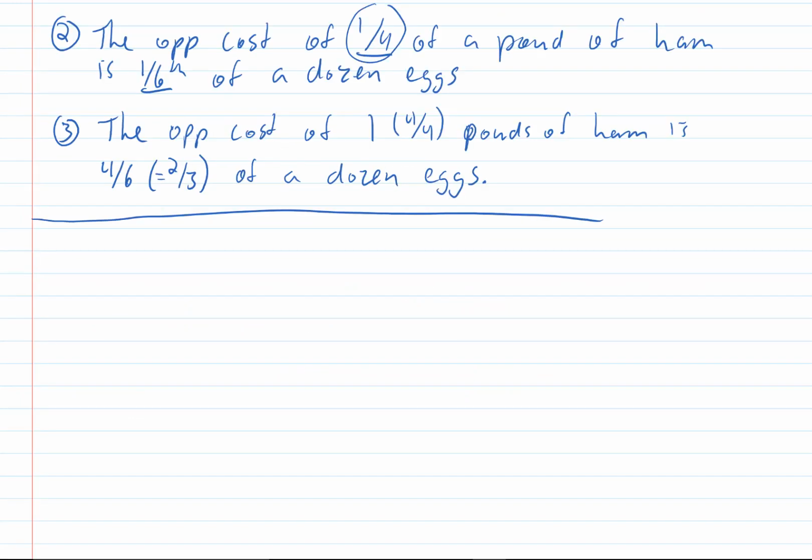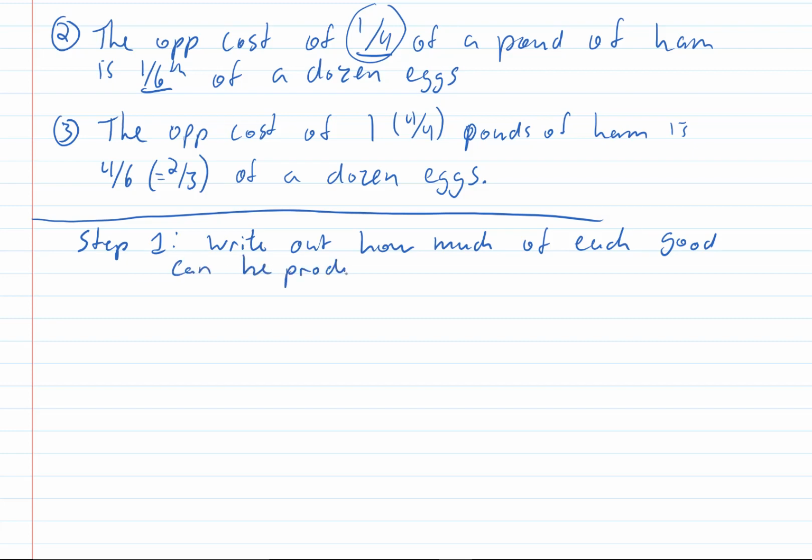So whenever you are asked to find the opportunity cost and are given the input method of production, we simply need to complete 3 steps. Step 1 is to write out how much of each good can be produced with the same amount of inputs.